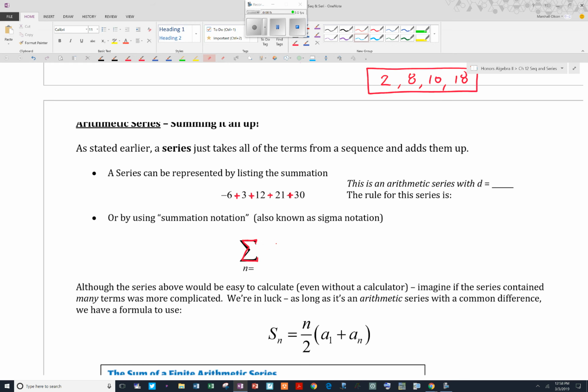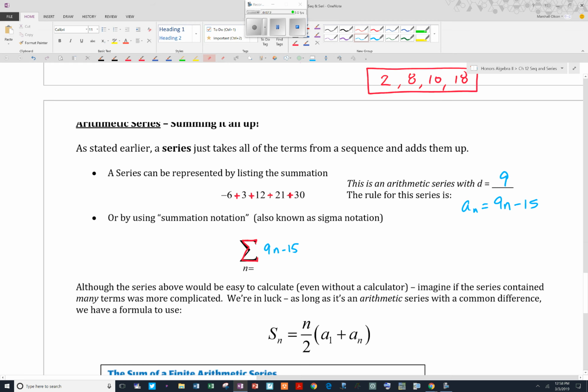Notice that the common difference for that series up above is 9, because it goes up 9 every time. So the rule is a sub n equals 9n minus 15, because the 0th term, if we went back 9, would be negative 15. If you want to check that using the formula, go ahead and do that.